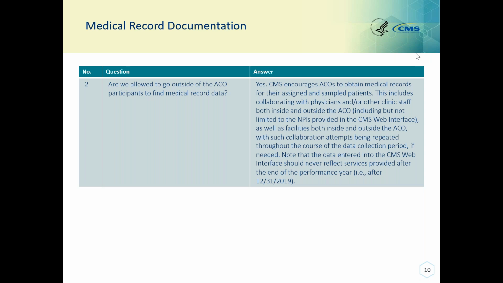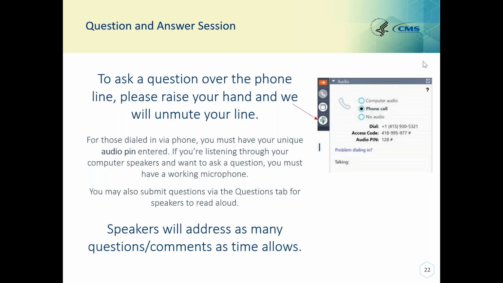In order to claim an exception, you would need to have documentation that a screening was not performed due to the patient's diagnosis or condition. So your documentation would need to support the reason why they were not screened in order to use the denominator exception. But again, just to reiterate, there are no specific diagnoses tied to the use of that exception.